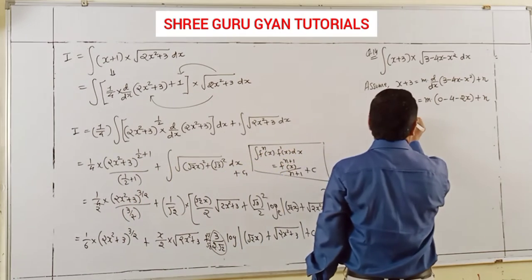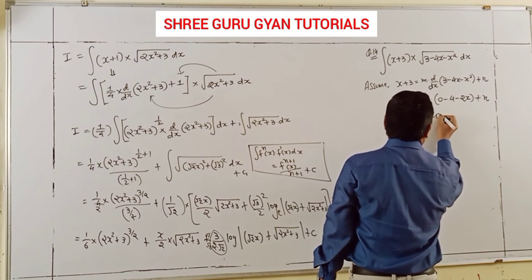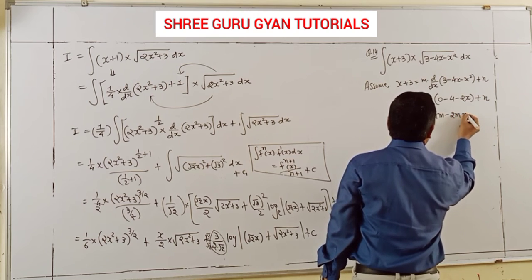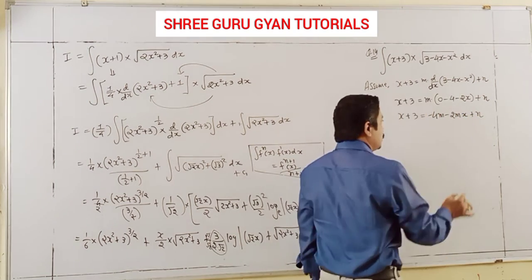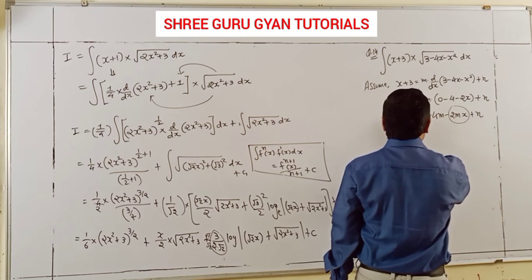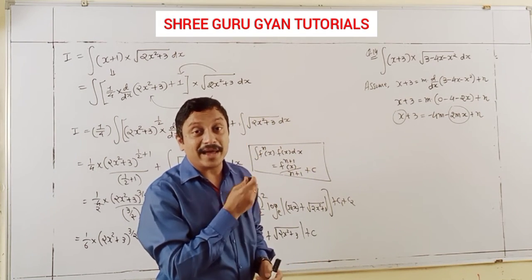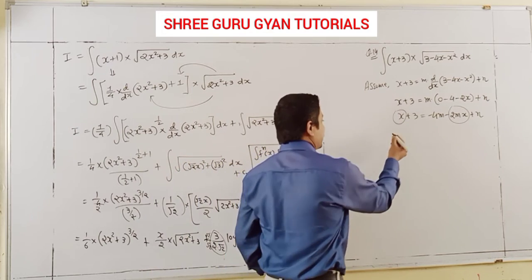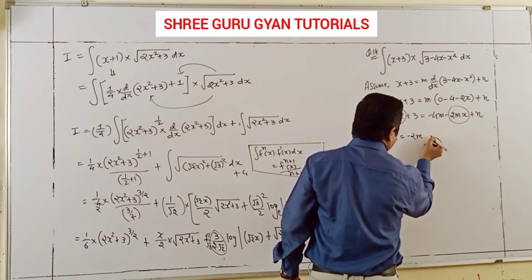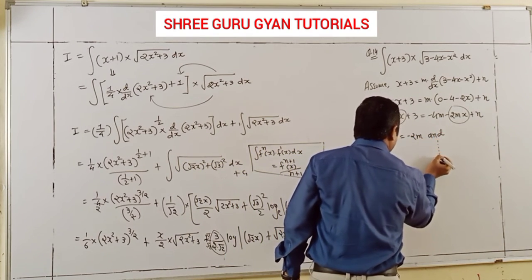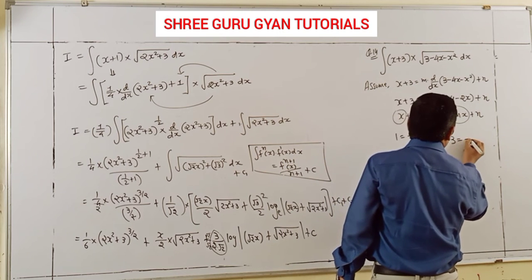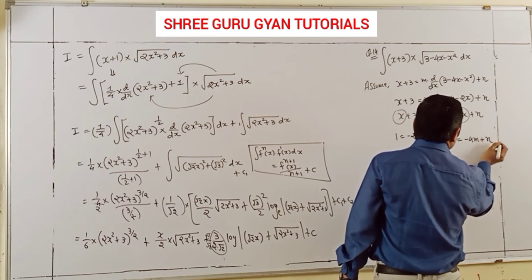So x plus 3 equals minus 4m minus 2mx plus n. Students, compare the coefficients: for x, 1 equals minus 2m, and 3 is equal to minus 4m plus n.